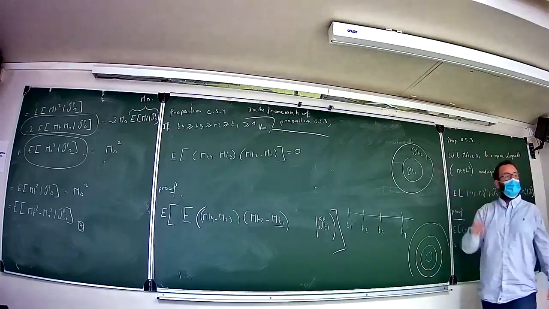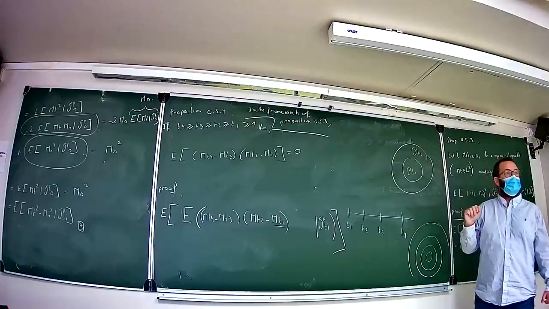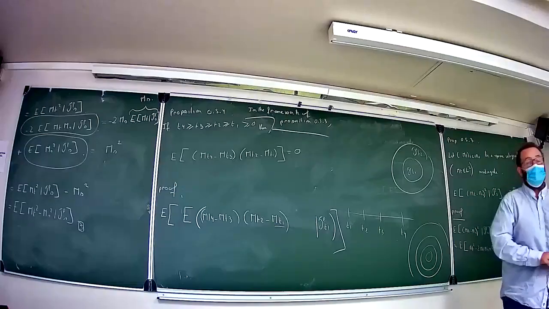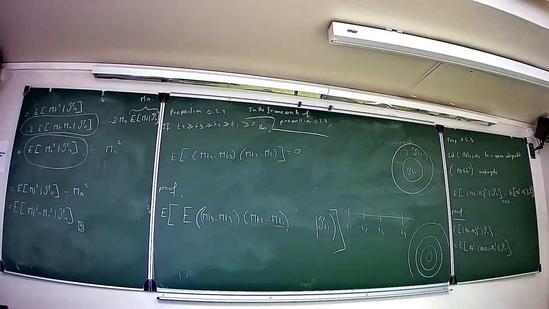If you are measurable with respect to Ft2, it means that the preimage of any Borelian belongs to Ft2. But if you belong to Ft2, a priori, it's not necessary that you belong to Ft1. You may have a preimage of a Borelian that is this one, for example. So to be Ft2 measurable doesn't imply that you are Ft1 measurable. If you are Ft1 measurable, you are Ft2 measurable. If you increase the sigma algebra, you relax the hypothesis of being measurable. You will have more random variables that will be measurable.